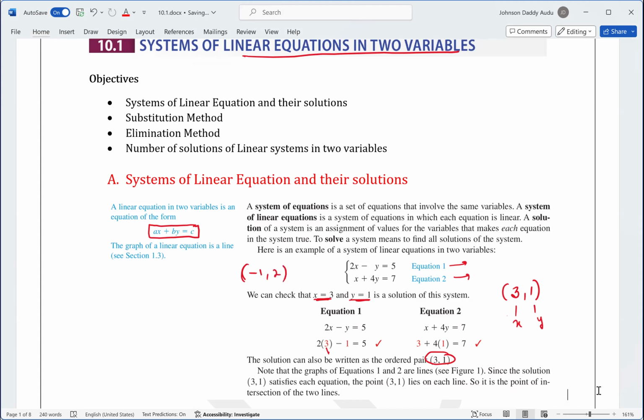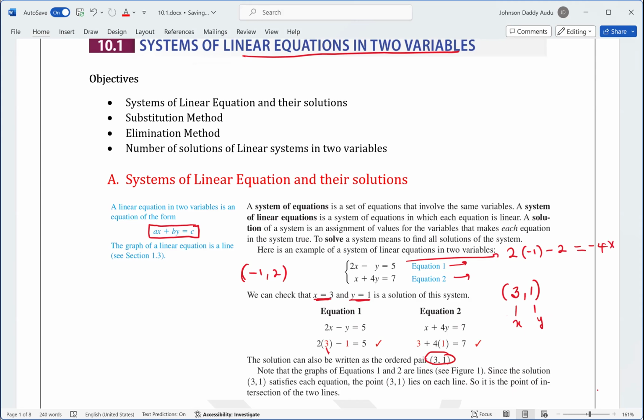Does it satisfy the first equation? Let's see, if we substitute here, you will have 2 times -1 minus 2, right? Because we're substituting x to be -1, y is equal to 2. So this will give us -2 minus 4. So you see, this -1, 2 does not satisfy the first equation.